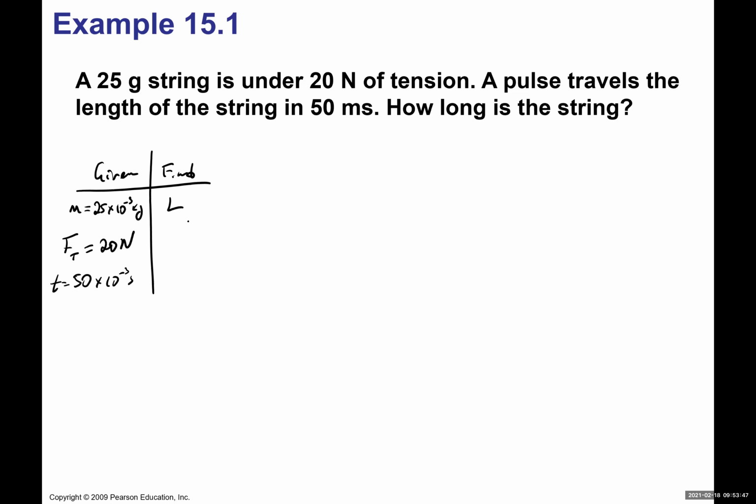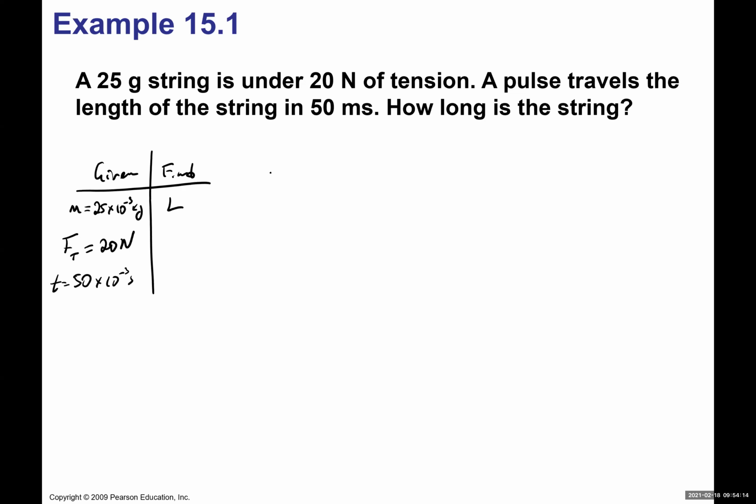Okay. So one thing we have here is this. We know from one of the earlier equations that we learned that speed equals distance over time. That means the speed at which this pulse will be propagating equals distance, which is the length of the string, over the time.